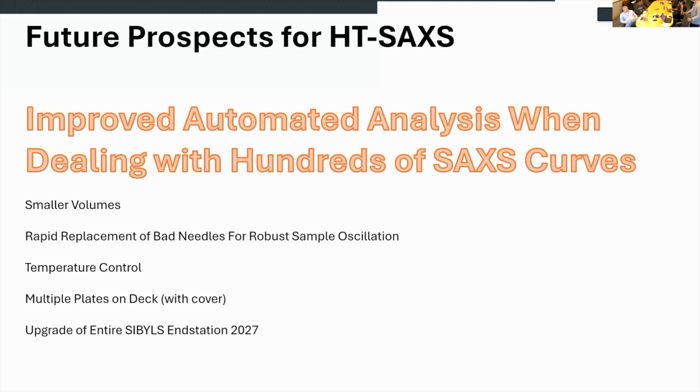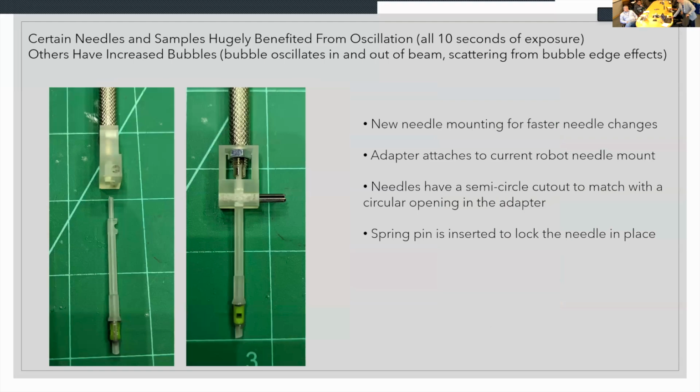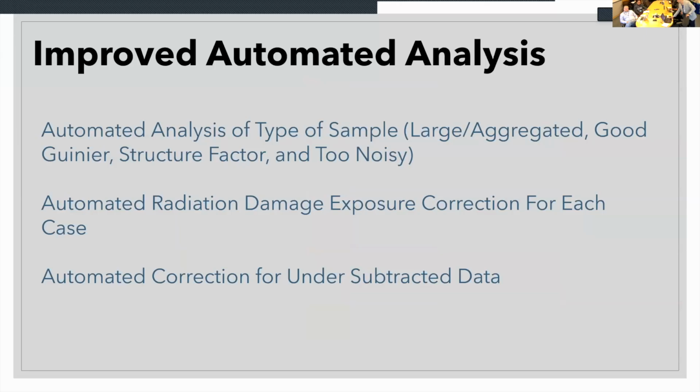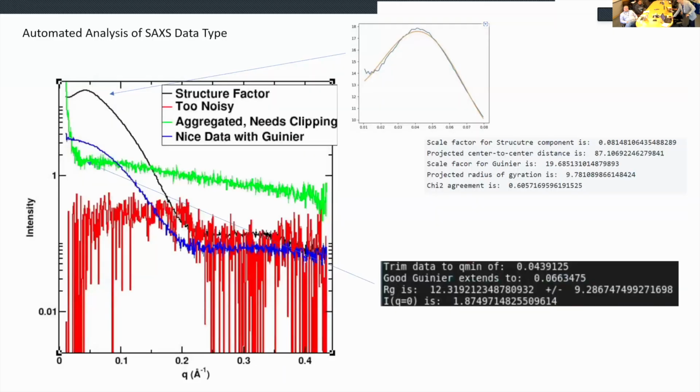I gave a lot of intro about SAXS, but that's all you'll hear about the technique. On the slide where you were talking about the benefits and the ideal use cases for SAXS, some of your bullet points were in blue and some were in red. What was the difference? The difference was that these were what the rest of the slides were about. I'll quickly go through temperature control and improved automation.